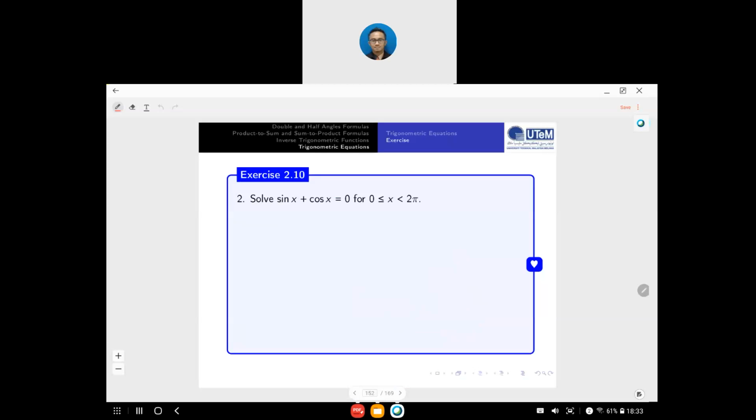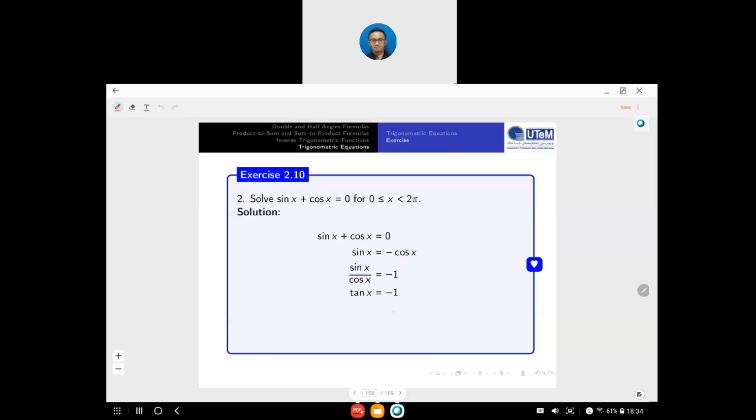So this one also same thing. When you want to solve it, this one boleh pergi sebelah situ, awak akan dapat sin x equal to negative cos x. So you can simplify by divide cos. Bila awak bahagi cos, all the both items left hand side divide by cos x. So we know that sin x over cos x equal to tangent x.